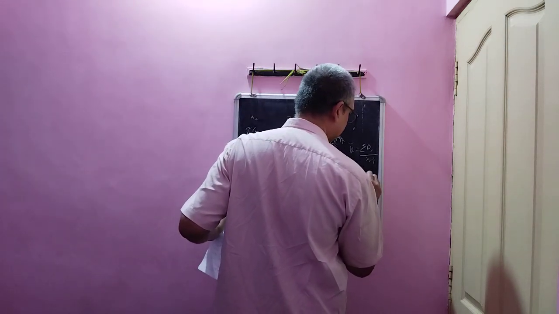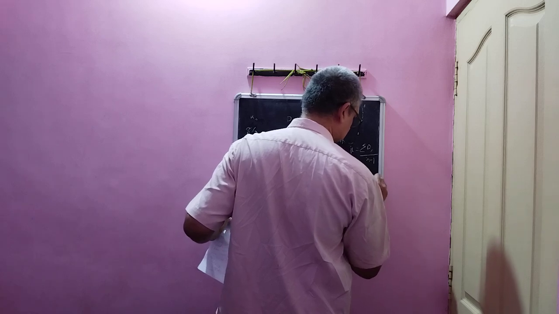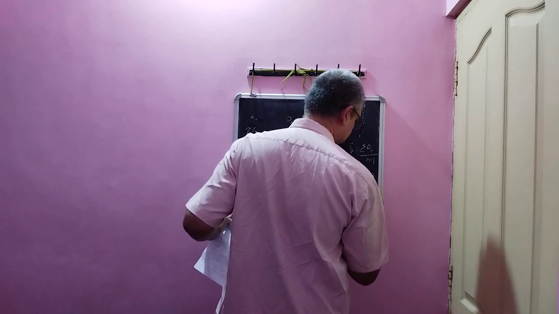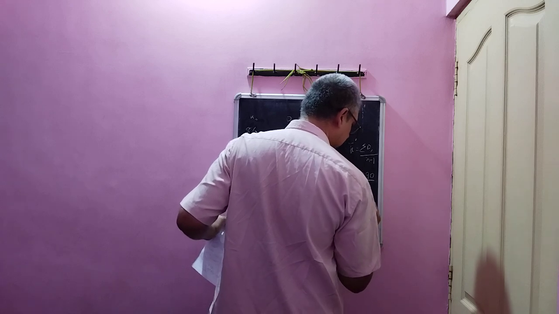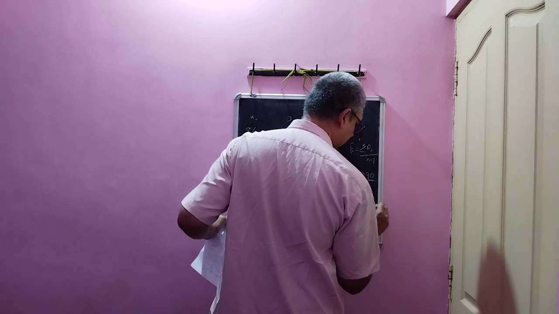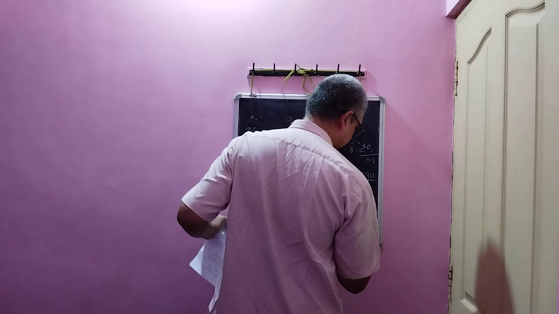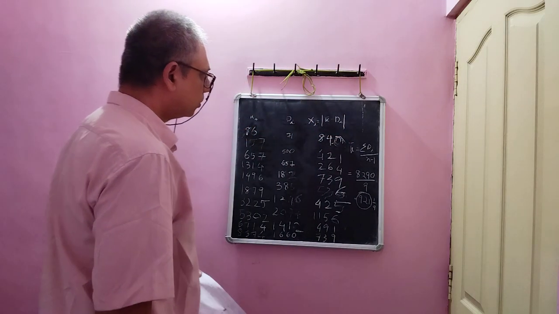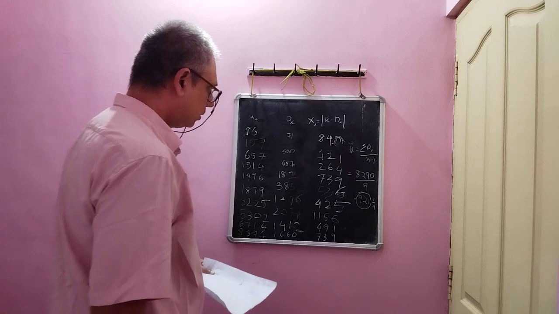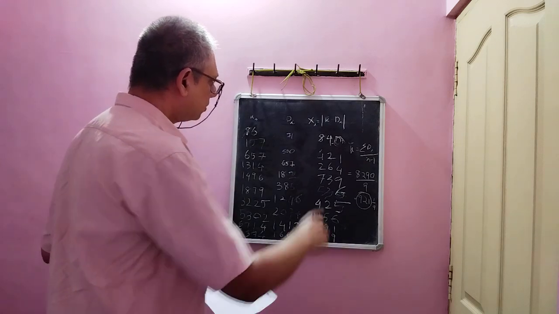There are 10 values, so divided by 9 is equal to 921 and 1 by 9. So it will come out to 921. Okay. So this is K bar.